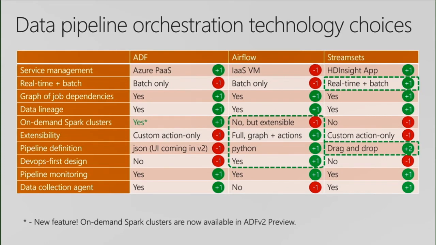But in terms of limitations, it doesn't have a UI to create your pipelines, and if you need something like that, then it's not available. Fortunately, in the next session, you'll have a glimpse of the UI that the team is building, so that problem will be resolved. One of the larger limitations that is now actually in the past was support for on-demand Spark clusters, which wasn't present in ADF until today.